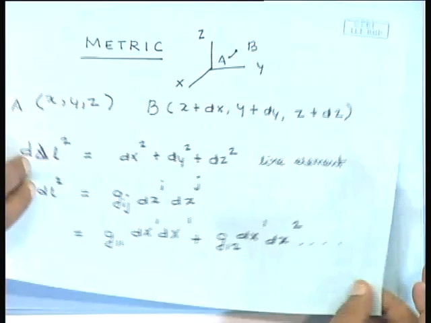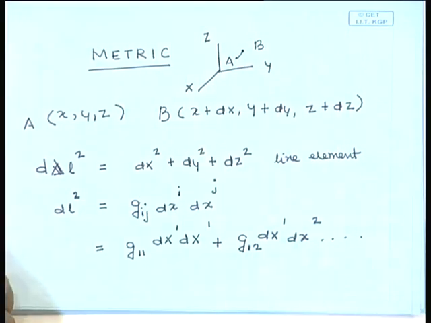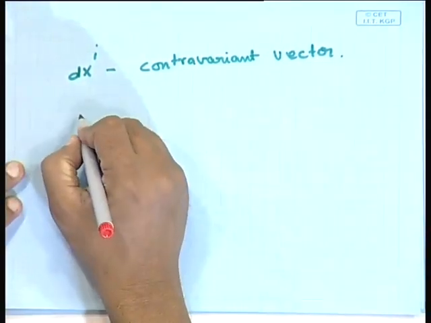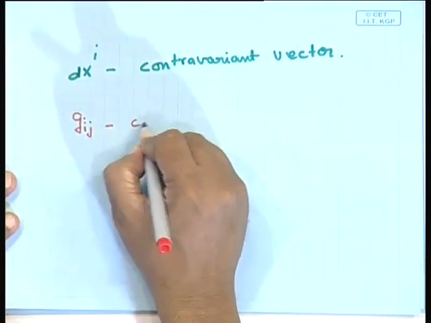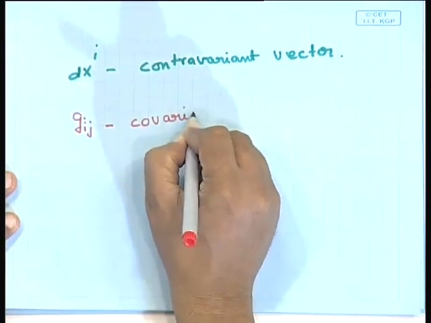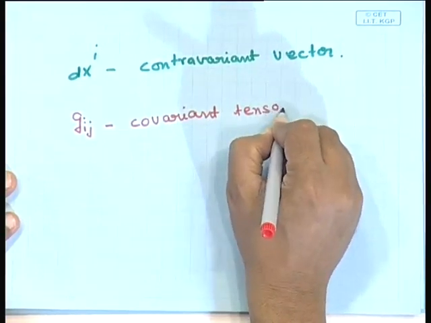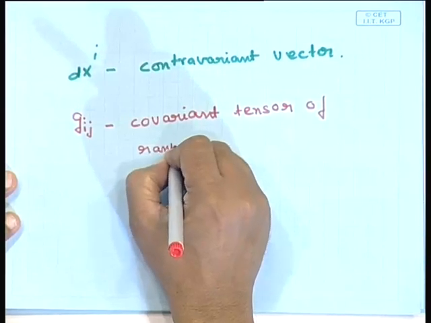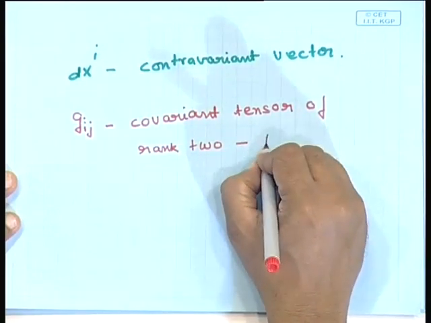It should be obvious that it's a vector because it is the displacement between 2 points. So dxi are the contravariant components of a vector, a contravariant vector, and gij is a covariant tensor of rank 2 called the metric. So this is what is the metric.